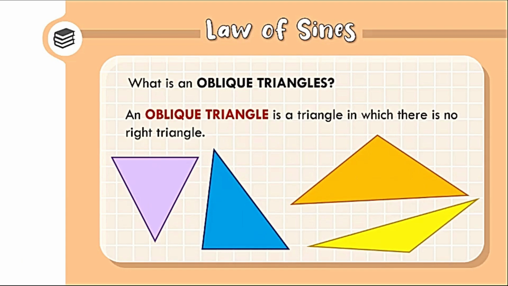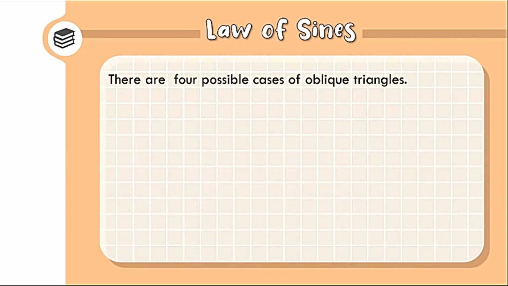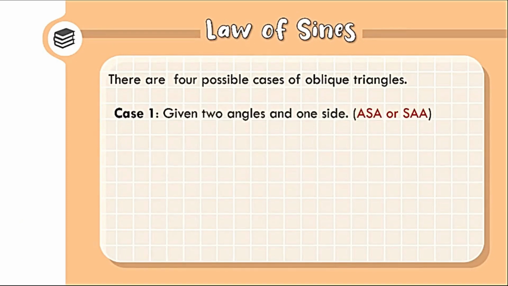In solving oblique triangles, the measure of at least one side and any other two measures, the angles or the sides, or a combination of these, must be given. There are four possible cases of oblique triangles. The first case is given two angles and one side, which are the ASA or SAA.